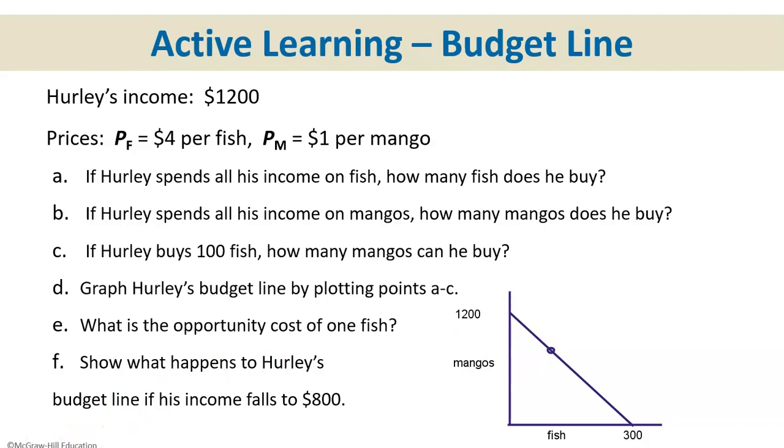Next step, we're going to solve for the opportunity cost of one fish. So remember, when we're solving for opportunity cost, we're going to find the slope, or the rise over run.